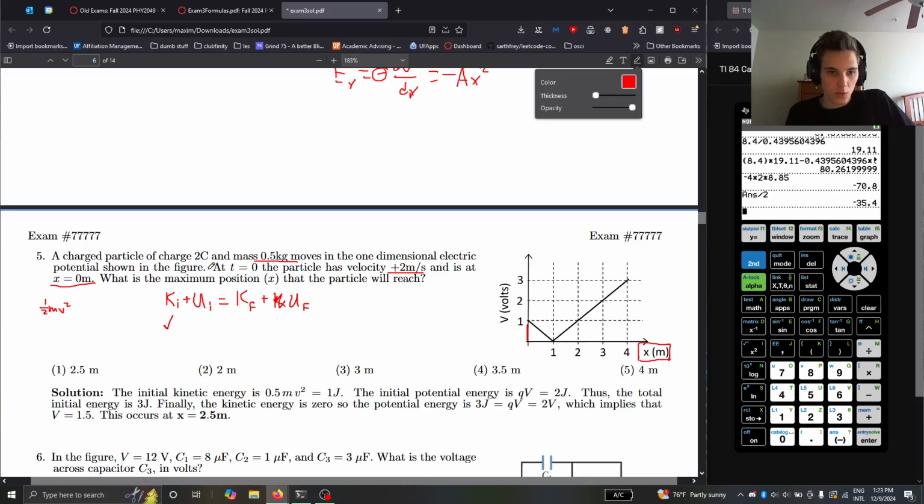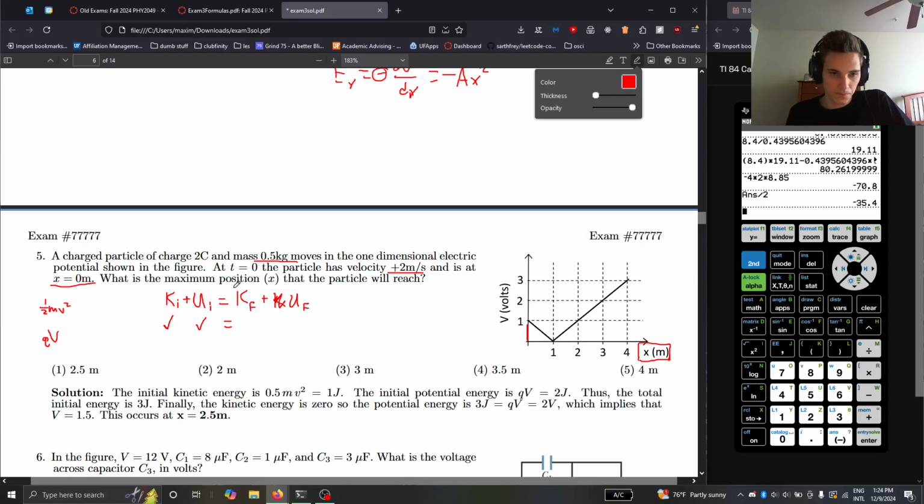U is equal to Q times V, and we're given V for x equals 0, so we have V and we have Q, so we can calculate this. And from there, we just need K final.